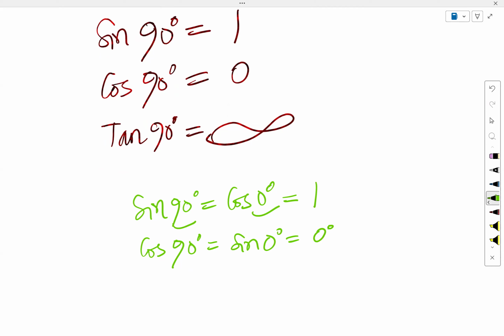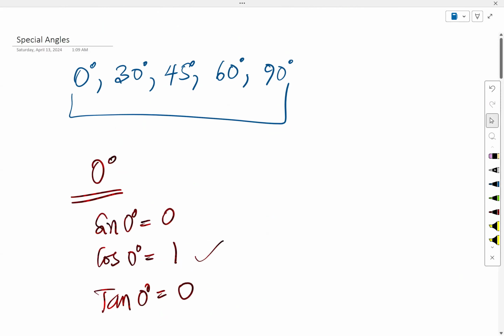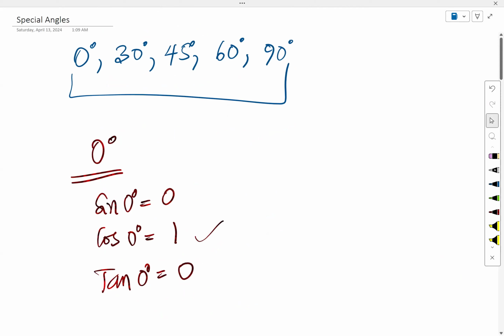So you see that for complementary angles, the sine of one is equal to the cos of the other. So we have basically established the trigonometric ratios for all these 5 special angles, and we have also established the fact that for any 2 angles that complement themselves, and by that we mean any 2 angles that add up to 90 degrees, the sine of one is equal to the cos of the other, and the cos of one is equal to the sine of the other.